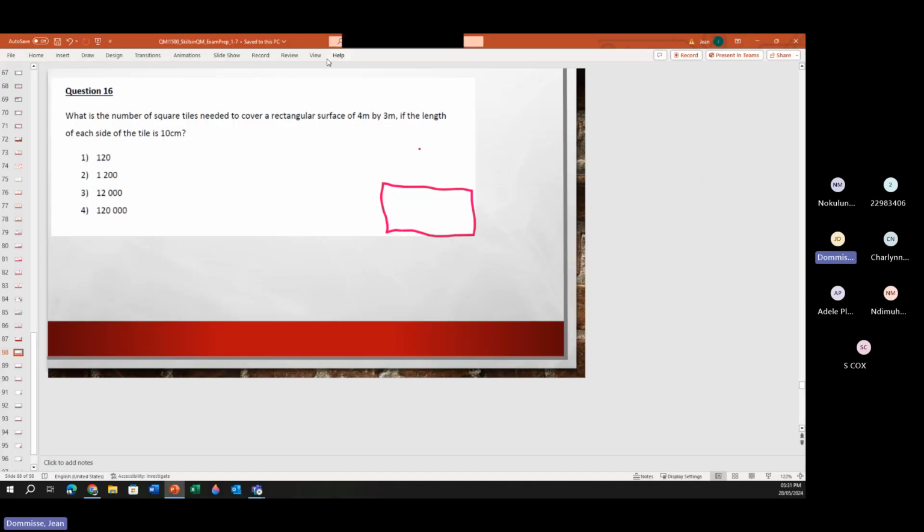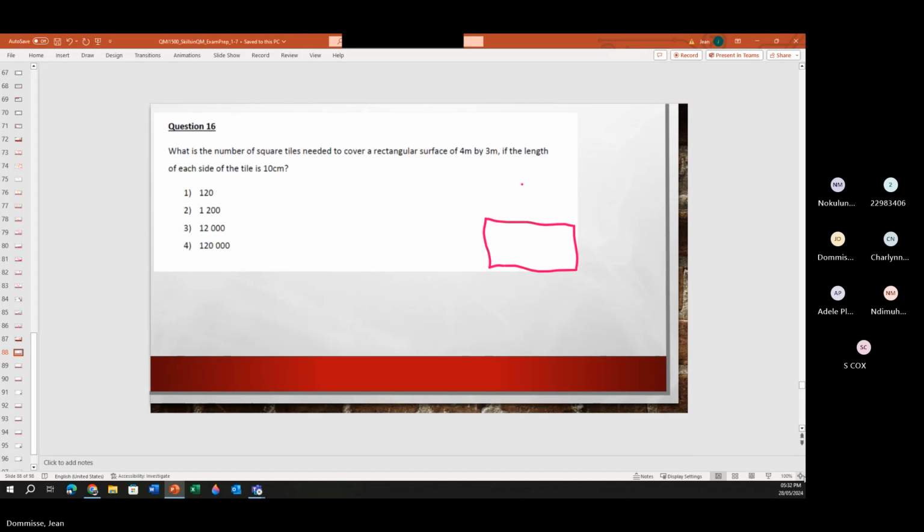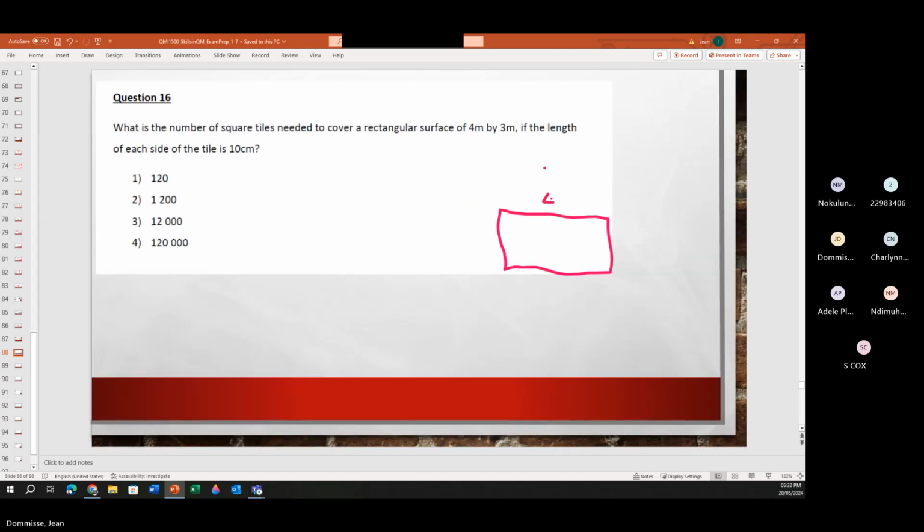If your surface is 4 by 3, and each one of the tiles is 10 centimeters. Okay, so each of the tiles 10 centimeters.